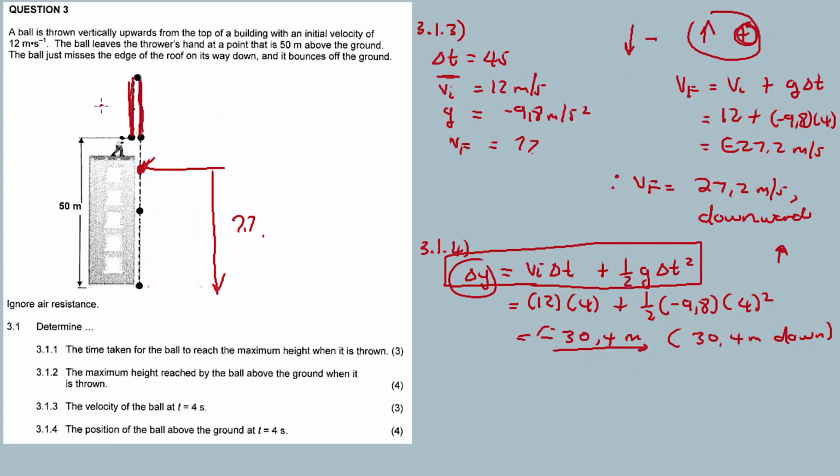So if it's positive 20 here, here it will be negative 20. What is positive 20 plus negative 20? They cancel each other out. So this formula cancels out the 20 and the negative 20. Therefore it only considers the height from the moment the ball is thrown, right? So you measure from here all the way up to this point. So it means that this 30 you subtract from 50, right?